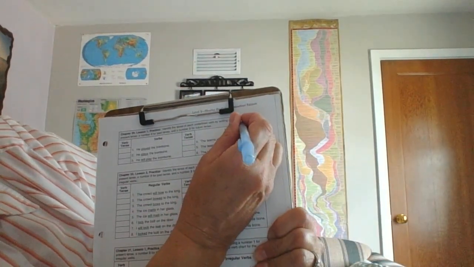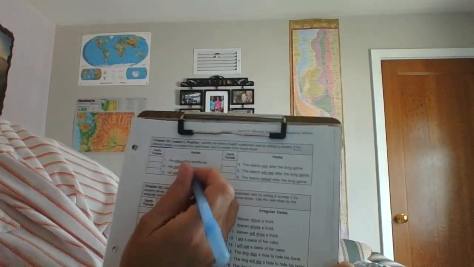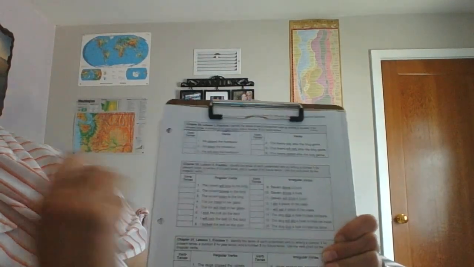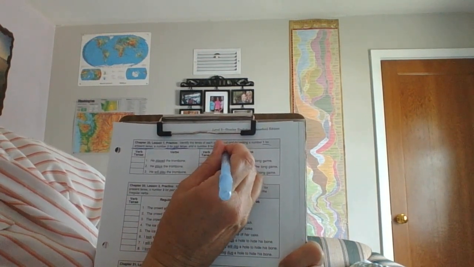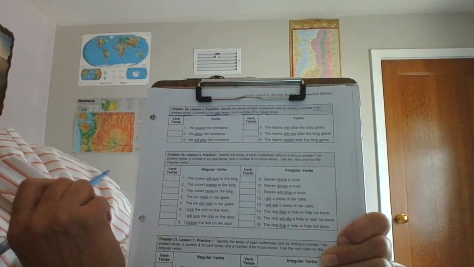All right, let's take a look here. Remember, number 1 is going to be for present tenses. That's for verbs, action that happens right now. Number 2 will be used for past, a verb that happened in the past. And number 3 will be used for future tense. Okay? Let's read this first sentence together. It says, he played the trombone. They already underlined the verb for us, okay?